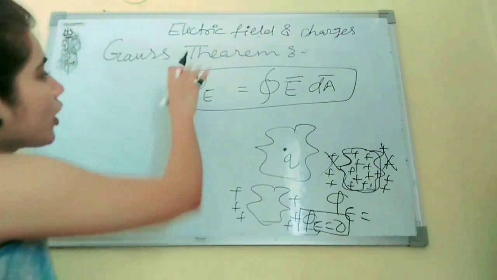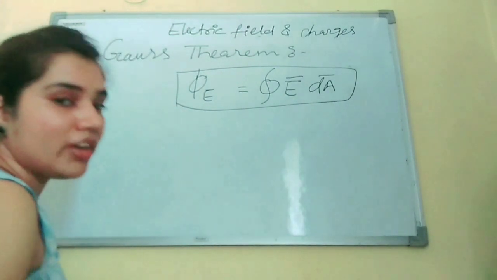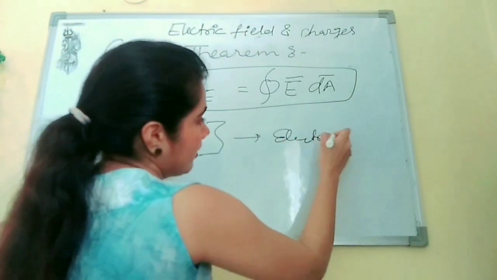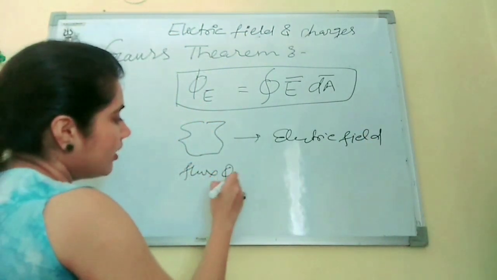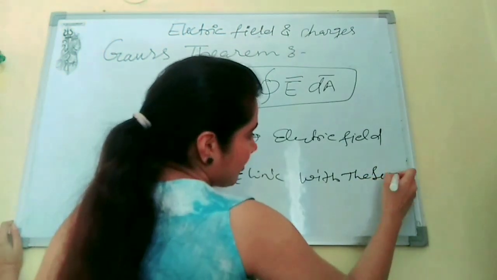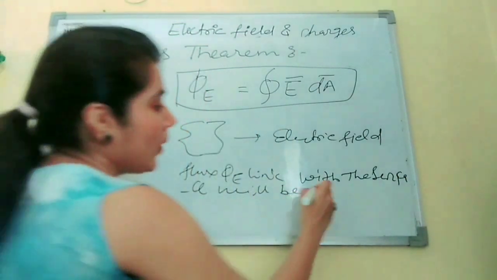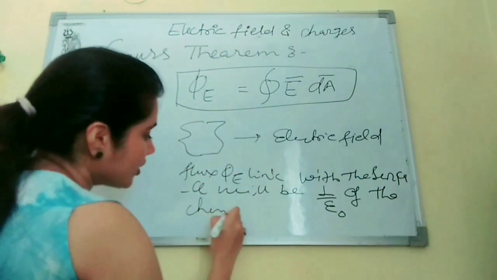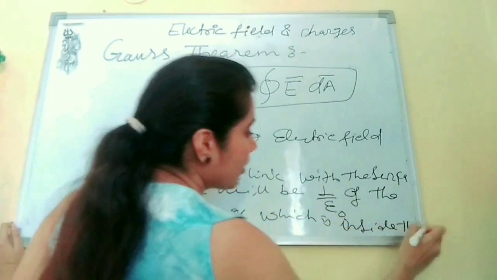Okay, so according to Gauss, what he has said is, if any surface is placed in an electric field, then the flux linked with the surface will be 1 by epsilon naught times the charge which is inside the body.